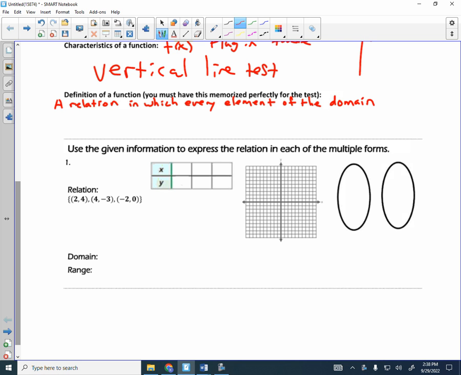Those are your x values, corresponds to exactly how many? 1 element of the range. A relation in which every element of the domain corresponds to exactly 1 element of the range.